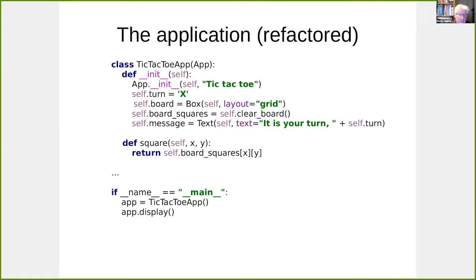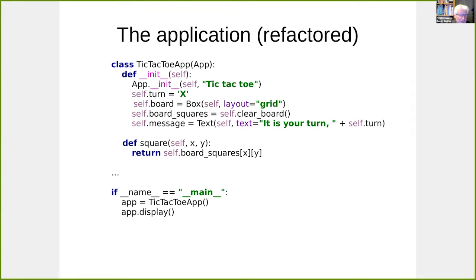And you play the game by clicking a particular square, and if it's your turn, the square will then get filled up with the appropriate character. And then there's a message area which tells the player whose turn it is, and will tell you if you've won or if the game's a draw.